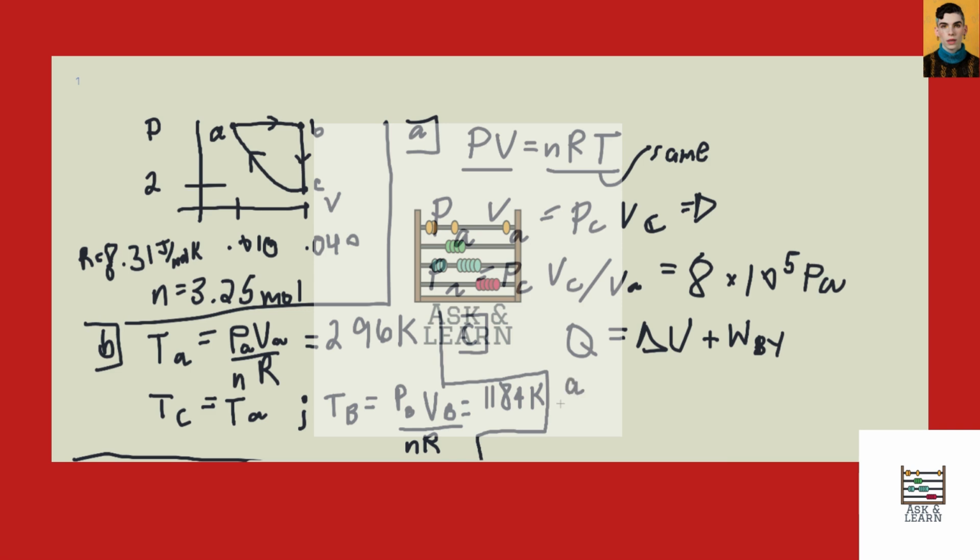For case A to B, QAB is equal to delta U plus work, and delta U is N CV delta T. If you look up CV, it's 12.47. I'll go ahead and put that in our constant box: CV equals 12.47. Oh, it's getting so messy.